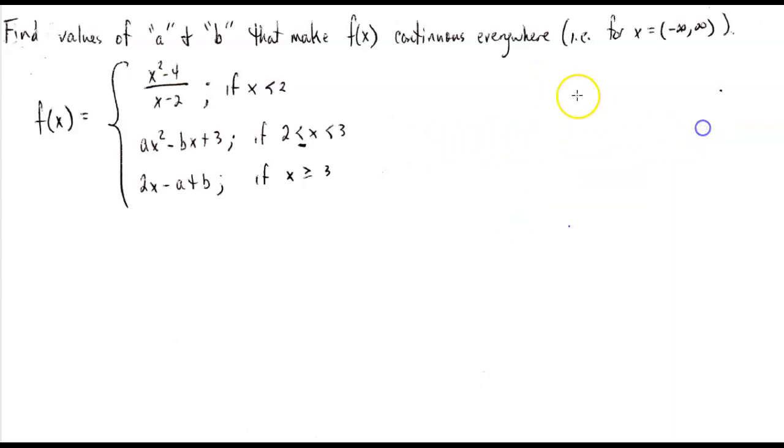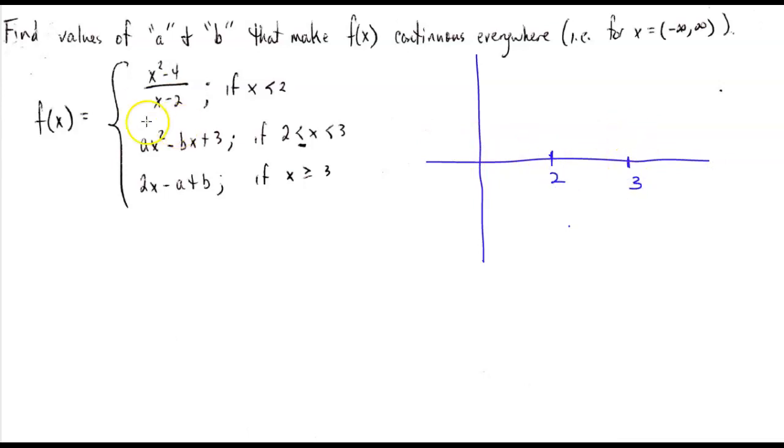Try to mirror that. So we'll do more like this. Well, here I'll do 2 and here I'll do 3. So let's say for this first piece here, of course, if we factor this out, this would be x minus 2 times x plus 2. So the result of this would really be like x plus 2.